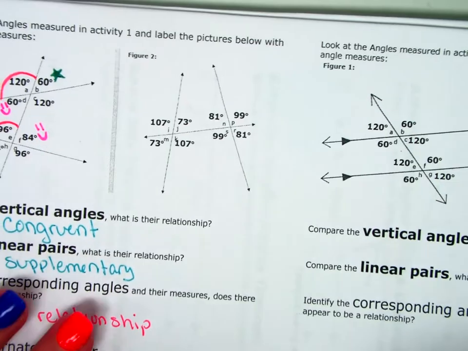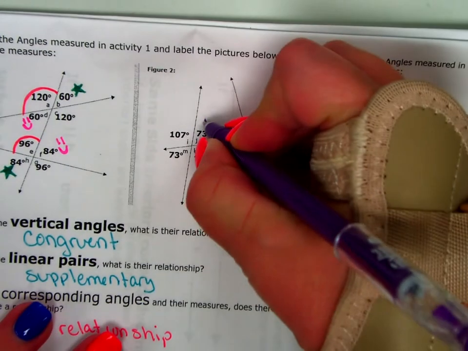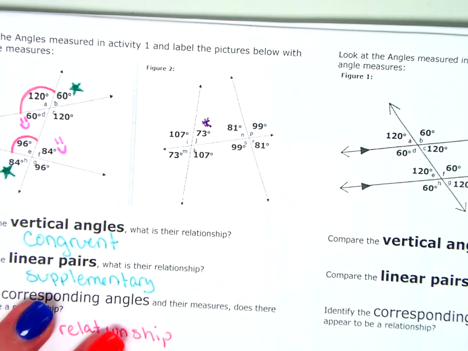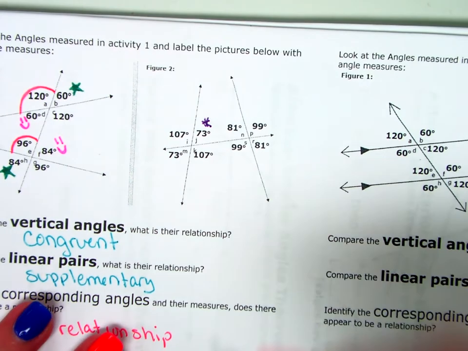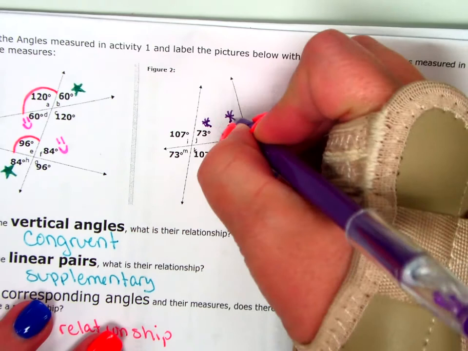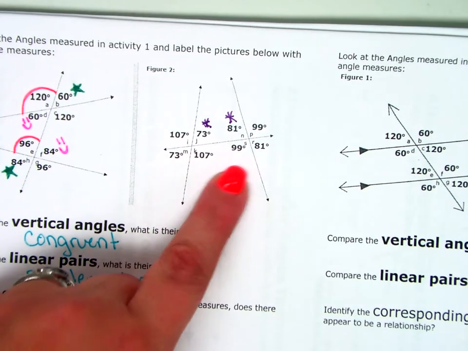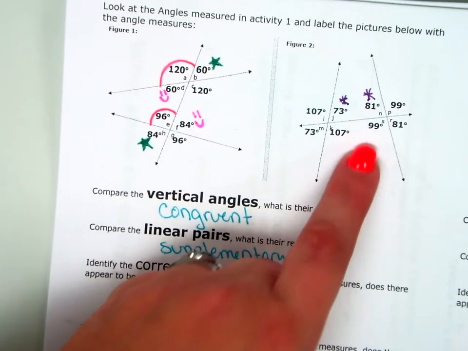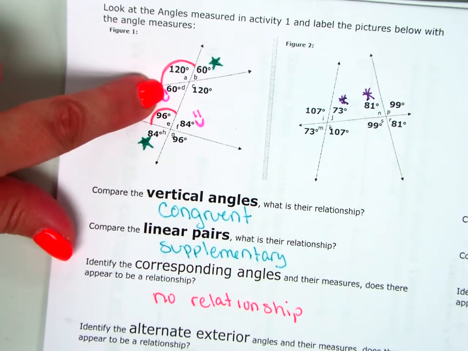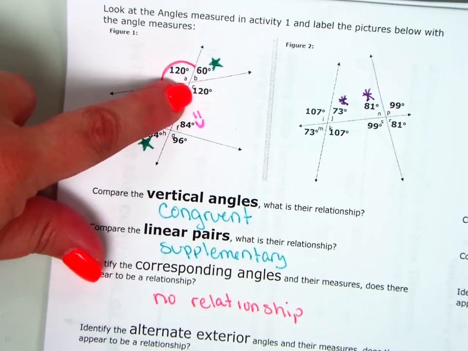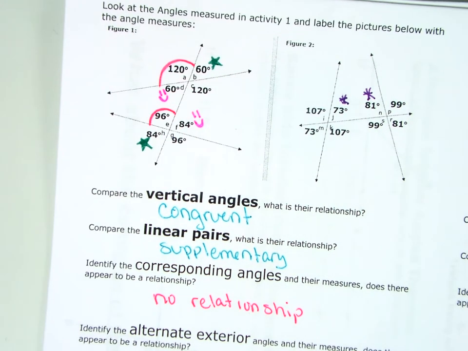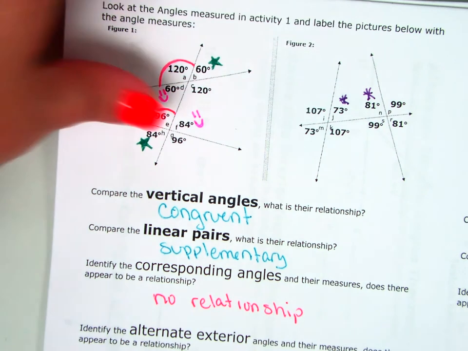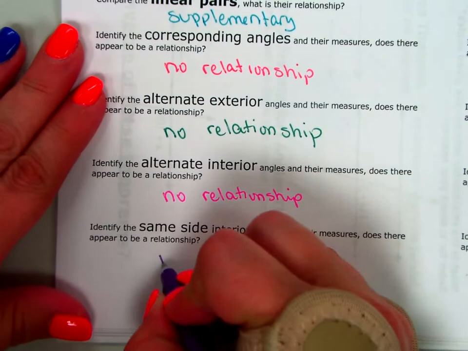If I do same side interior, I'll mark this one up with a little asterisk. Which one's the same side interior to the 73? The 81. What about the 107? The 99. What about the 60? 96. What about the 120? 81. Is there any sort of relationship? No. No relationship.